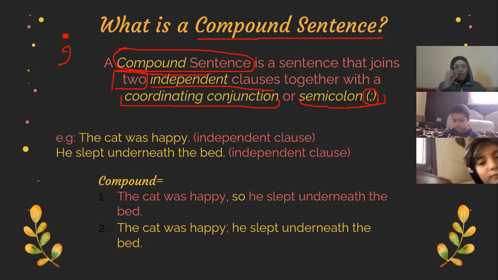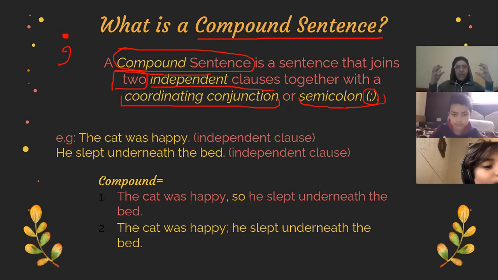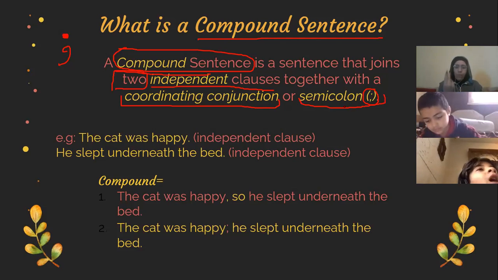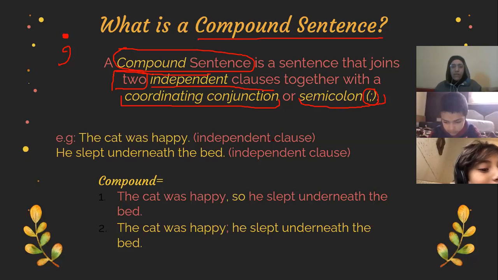Ask yourself, if the complete sentence gives you more than one subject, more than one predicate, and more than one idea, then it's not a simple sentence, it is a compound sentence. But if the sentence gives you one subject, one predicate, one idea, then it makes an independent clause or a simple sentence. Let's have these examples.